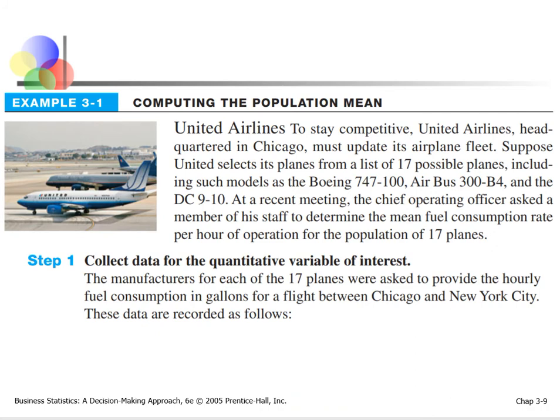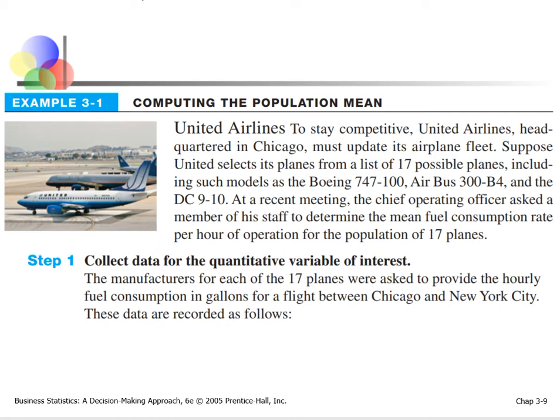So United Airlines, to stay competitive, United Airlines headquarters in Chicago must update its airplane fleet. Suppose United selects its plane from a list of 17 possible planes, including such models as the Boeing 747-100, Airbus 300B4, and the DC-910.